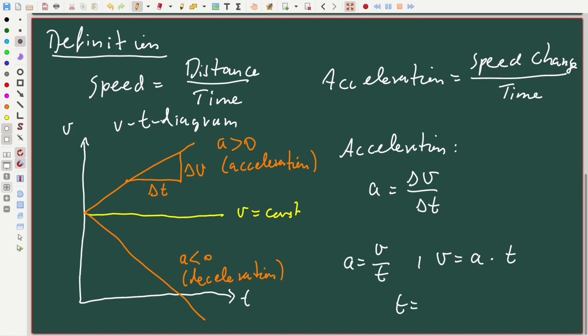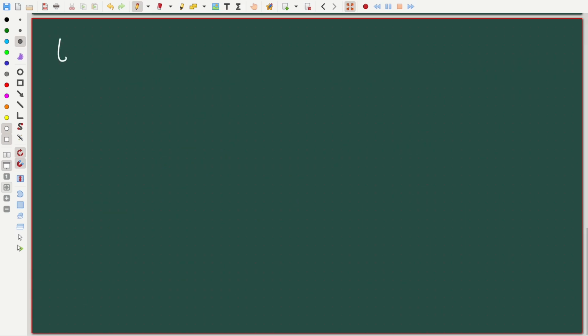And of course we can also solve it for the time t, which would be given as v over a. So similar to what we said in case of speed, we can now define 3 equations which we can use very often in the near future, but of course they are all just one equation written in different ways.